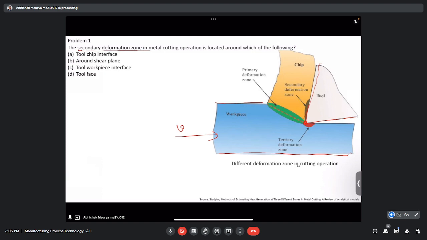Our tool applies a compressive load to the workpiece, because of which a small layer of material, which we call uncut chip thickness or t1, is being removed. This is the shear plane along which deformation is happening.